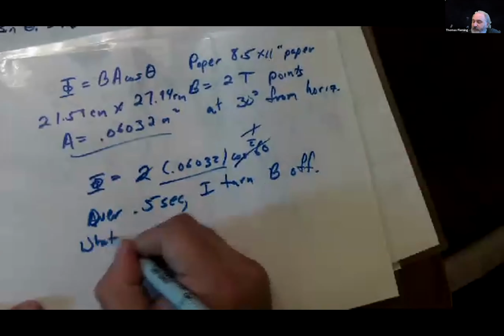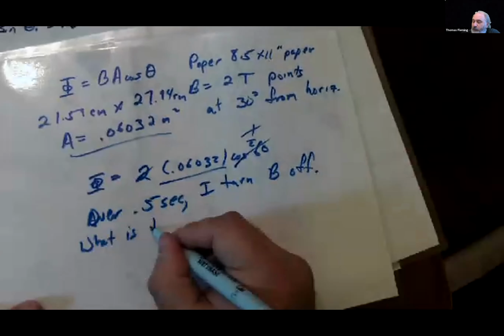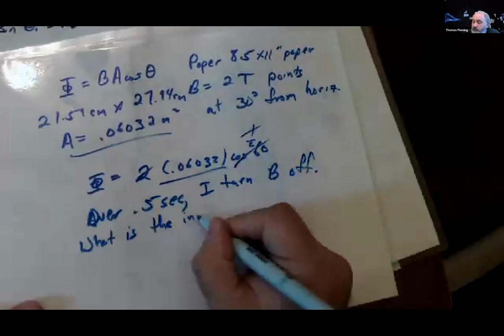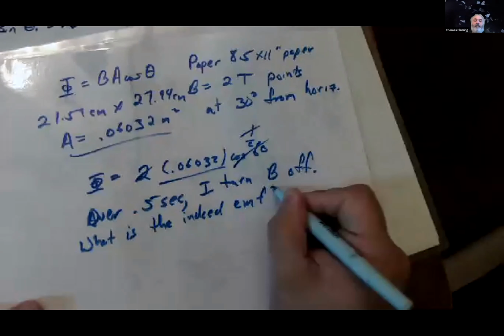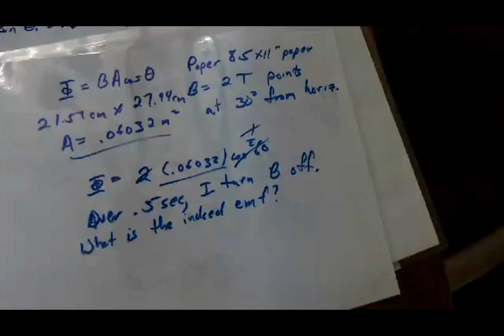So what is the induced EMF in the paper from that? Would that be 0.12? Why 0.12? Because I had divided by half a second, by 0.5. But B becomes negative, right? Because we turn it off.